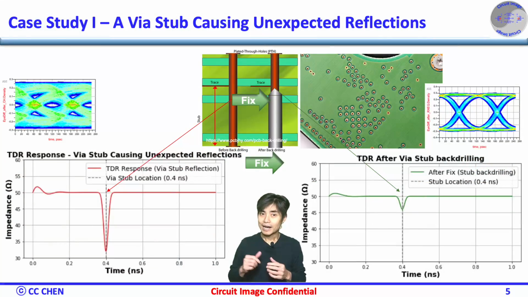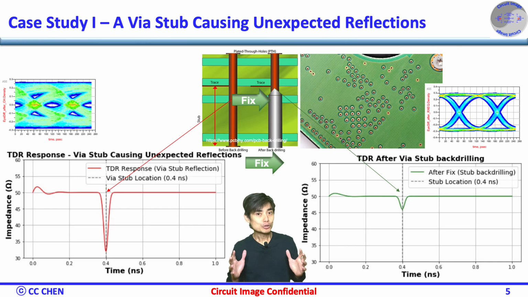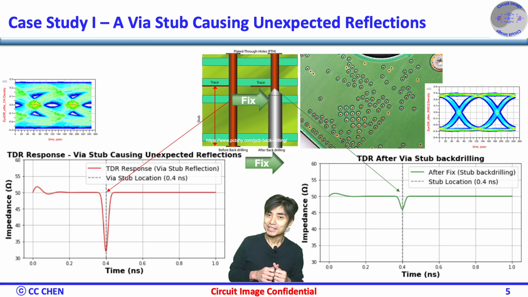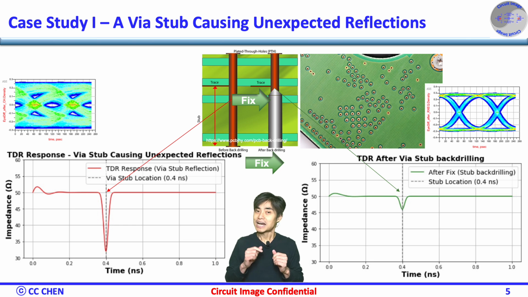Let's start with the classic culprit, via stubs. Imagine you design a SerDes link with well-matched impedance traces, verified in simulation. The return loss looks acceptable, yet signal integrity issues appear in the lab measurement.